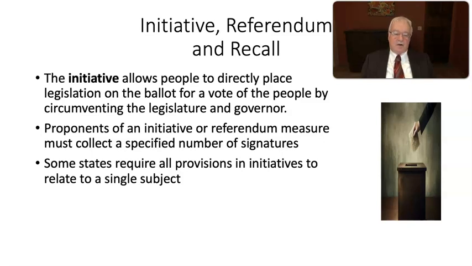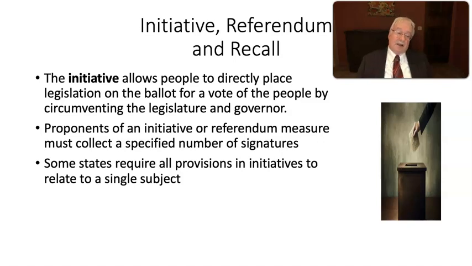Some states also require initiatives to be related to only one subject, the single subject rule. That's important because if you allow different subjects, you create a greater chance that people will like one subject and dislike another.